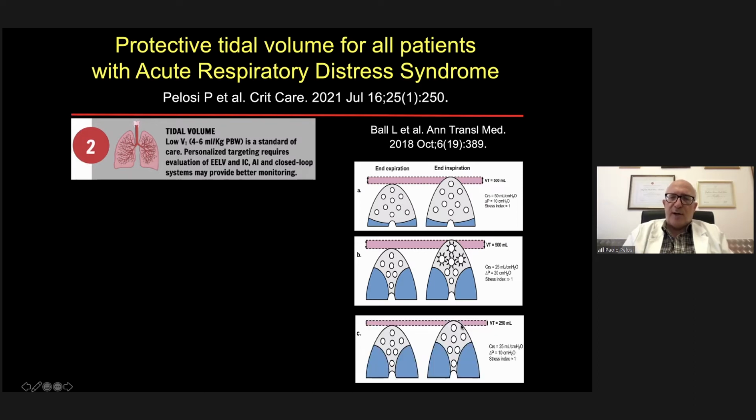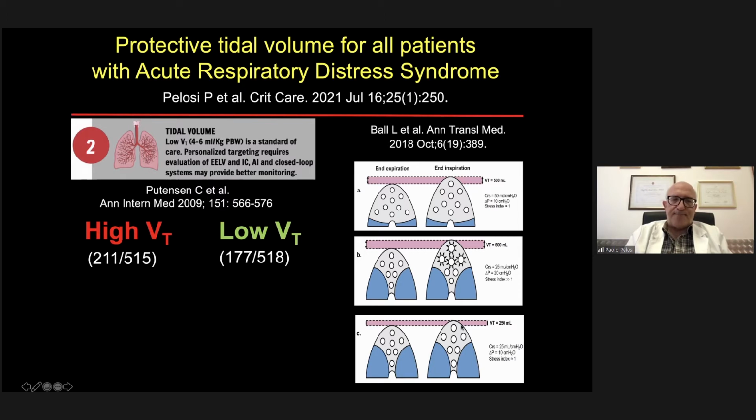If we reduce the tidal volume according to the driving pressure, we can standardize and individualize tidal volume according to the amount of aeration. So driving pressure is a very interesting parameter that might be considered to standardize and optimize tidal volume according to the aeration of each patient.